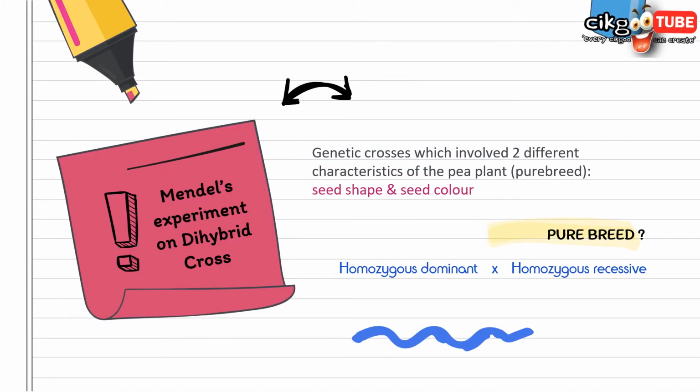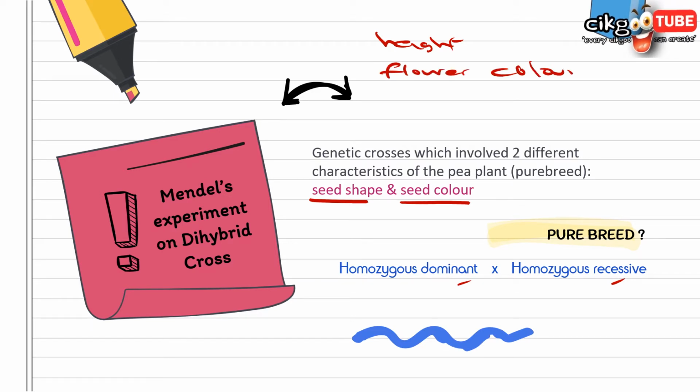So genetic crosses in a dihybrid cross involve two different characteristics, like I said just now, either seed shape or seed color or any other characteristics that we want to crossbreed and see. And it involves a pure breed. The parental generation are both pure breed for both characteristics, so one will be homozygous dominant and the other will be homozygous recessive. For example, height and flower color.